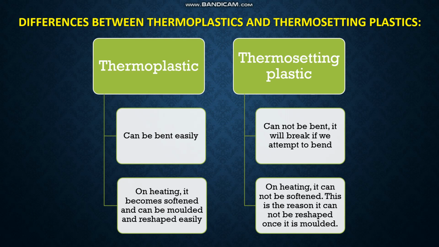It breaks if we attempt to bend. Another difference, thermoplastics on heating become softened and can be molded and reshaped easily. But thermosetting plastics on heating cannot be softened. That's the reason it cannot be reshaped once it is molded.